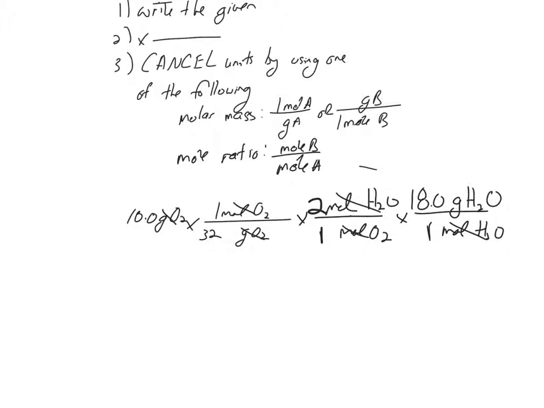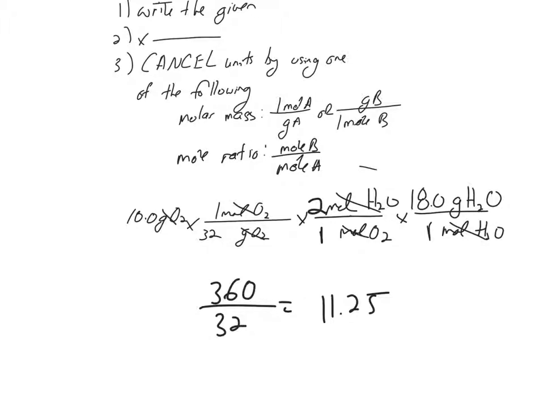Now we can multiply across the top and get 360, multiply across the bottom and get 32, and our answer is 11.25. Keeping in mind that if you want to take a shortcut, you can just enter in your calculator 10 times 1 times 2 times 18 divided by 32 divided by 1 divided by 1, and you'll get the same answer.